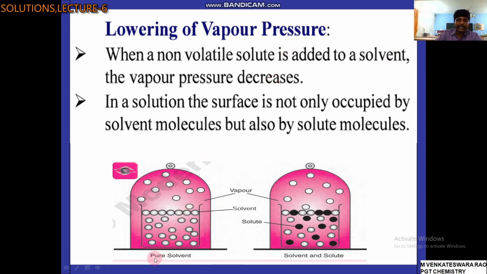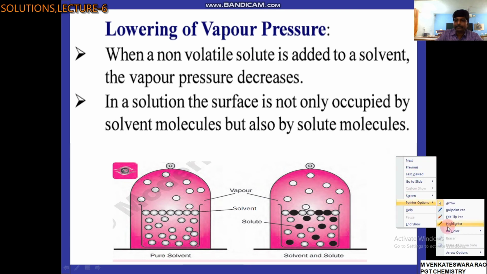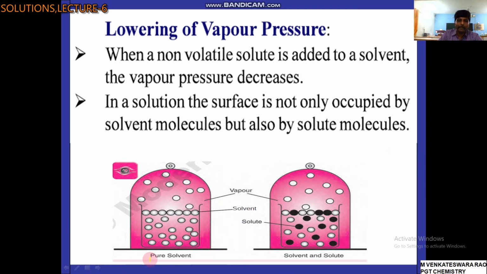You see here it is a pure solvent. The total surface contains only solvent molecules. Because of collisions between these molecules, some solvent molecules will go to the vapor phase, so they will exert pressure, that is called vapor pressure.